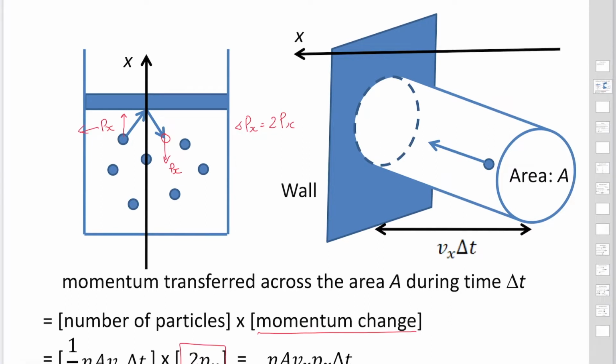When you want to find the velocity, the velocity is given by p sub x over m, where m is the mass of the particles. We'd like to consider a cylinder.